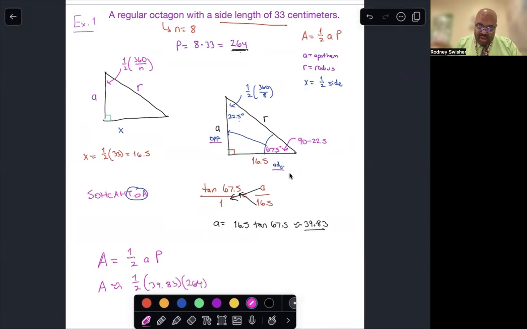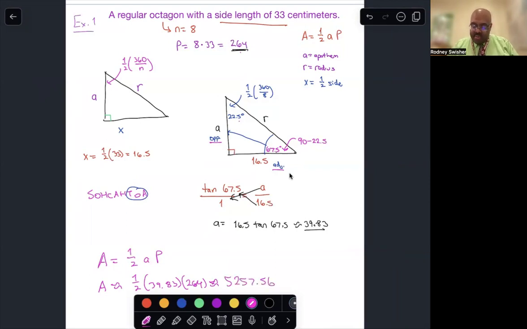Once you have those values filled in, you can go ahead and put that in your calculator. Again, I'll use my TI-84. So you're just going to do 1/2 times 39.83 times 264, and you get approximately 5,257.56.